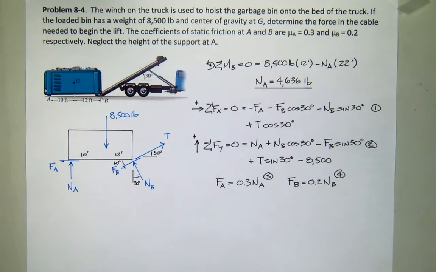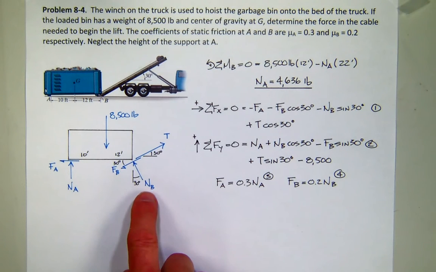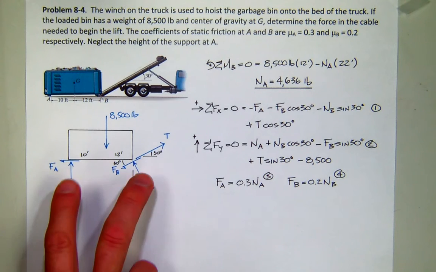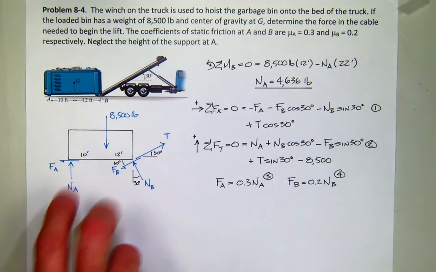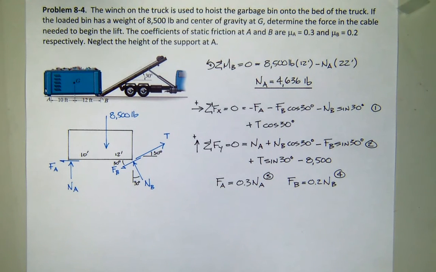You may not like the result when you get it. It may be challenging to solve it. But for me, the problem is really done. You've made your assumptions on the free body diagram. You've assumed impending motion at both points, and you've been able to write four equations in 4 unknowns.